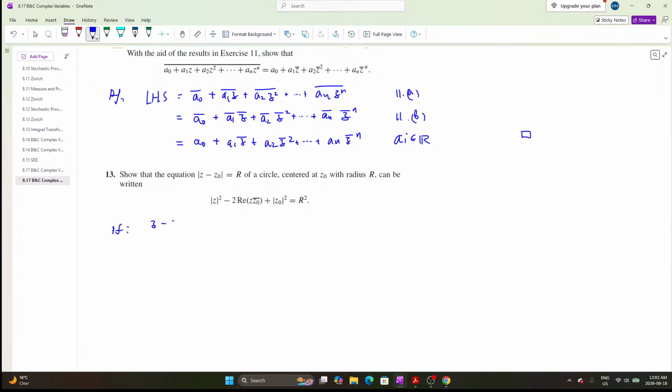So you've got the modulus of z minus z naught equals r. Squaring both sides, you get the modulus of z minus z naught squared equals r squared, which can be written as z minus z naught times the conjugate of z minus z naught equals r squared.